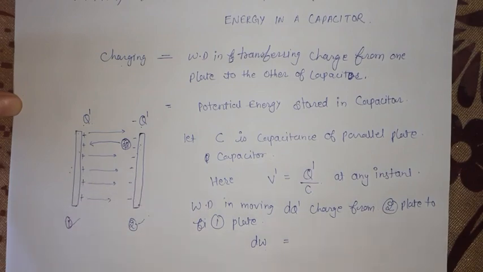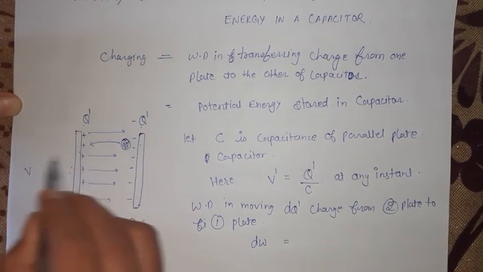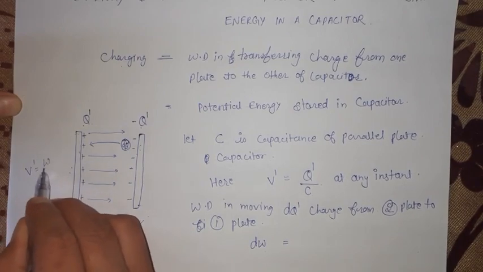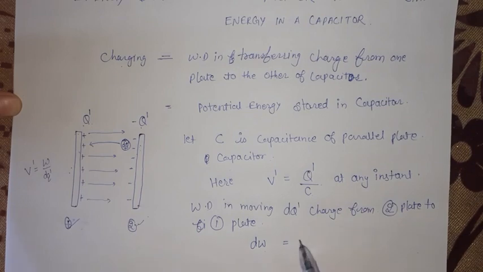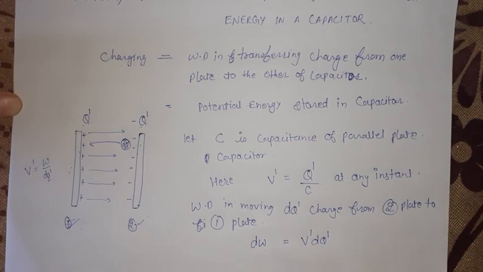So I have to use the definition of potential difference. That potential difference at this time was V dash, and it is equal to the work done in moving a unit test charge. Therefore this small work done is the potential difference at that time times the charge we are going to displace, so it is V dash dq dash.